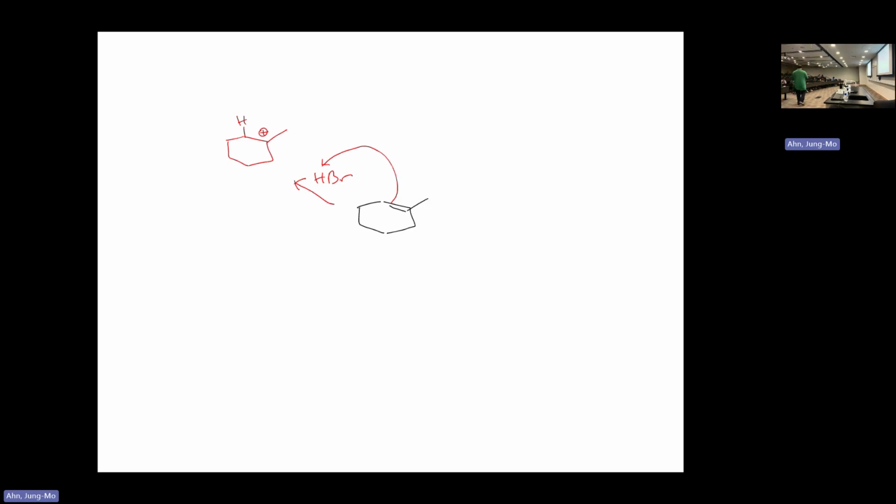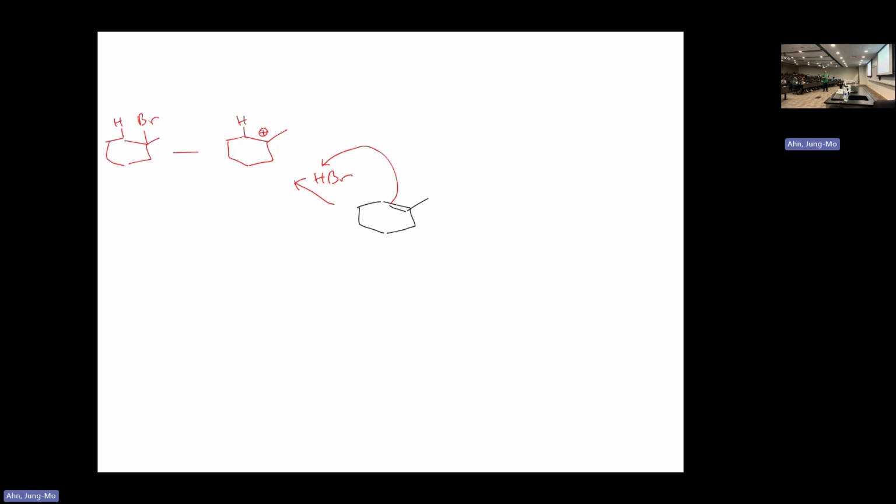The H plus is a good electrophile. So if you add HBr, the proton goes onto the carbon first, but you really have to notice which carbon is going to get the carbocation. The stability of the carbocation is very critical. So the proton goes to the less substituted carbon, so that you get the more substituted carbocation, and that is Markovnikov's rule, right?